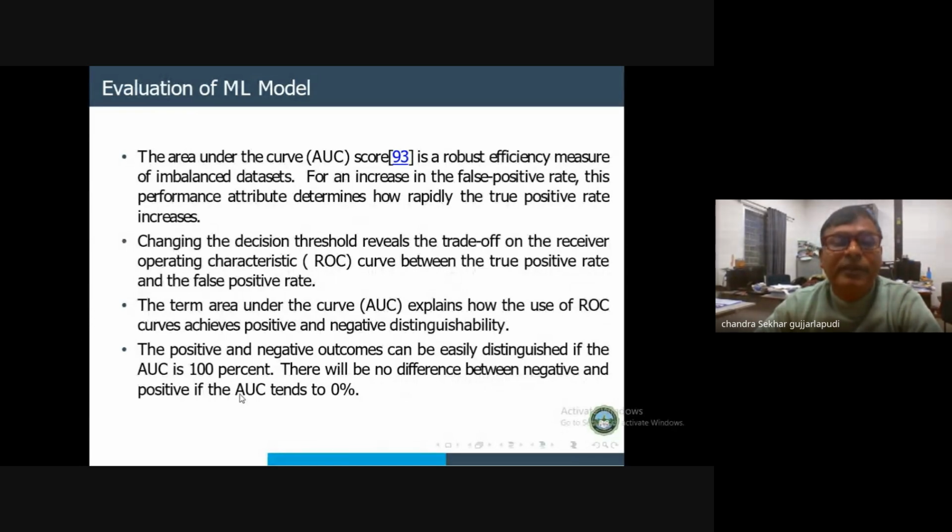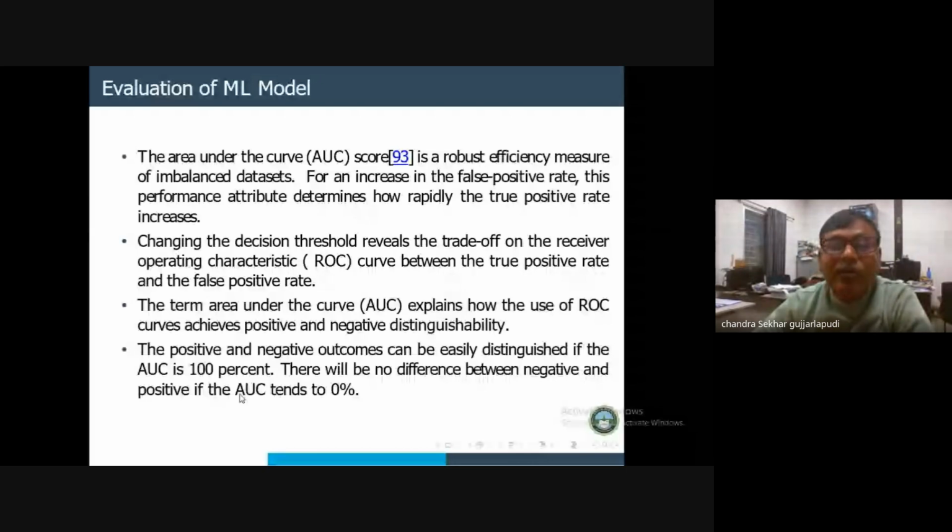The area under the curve explains how the ROC curve achieves positive and negative distinguishing. The positive and negative outcomes can be easily distinguished if AUC is 100%, and there will be no difference between negative and positive if AUC tends to 0.